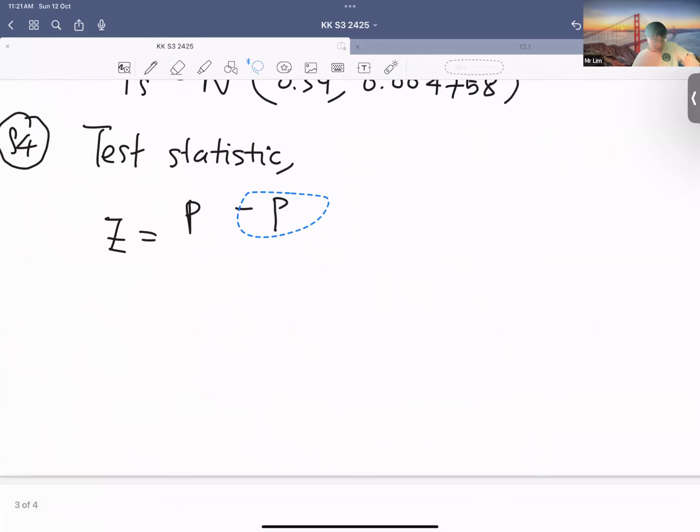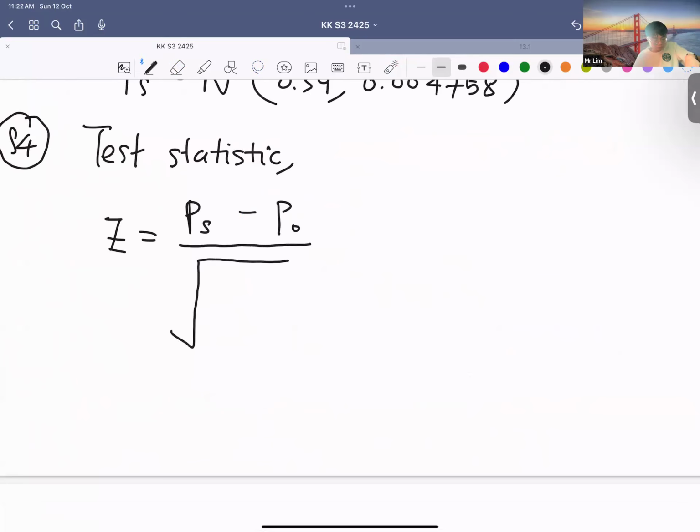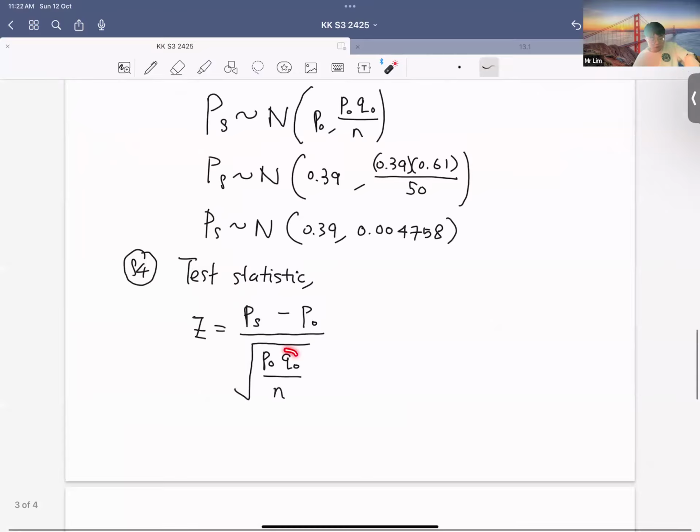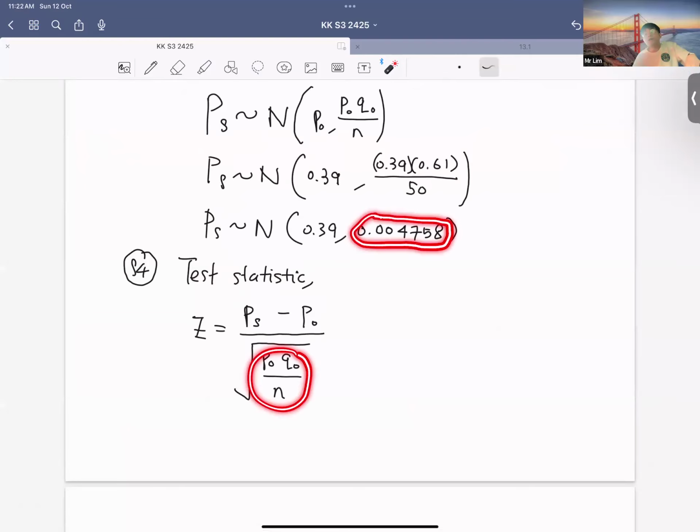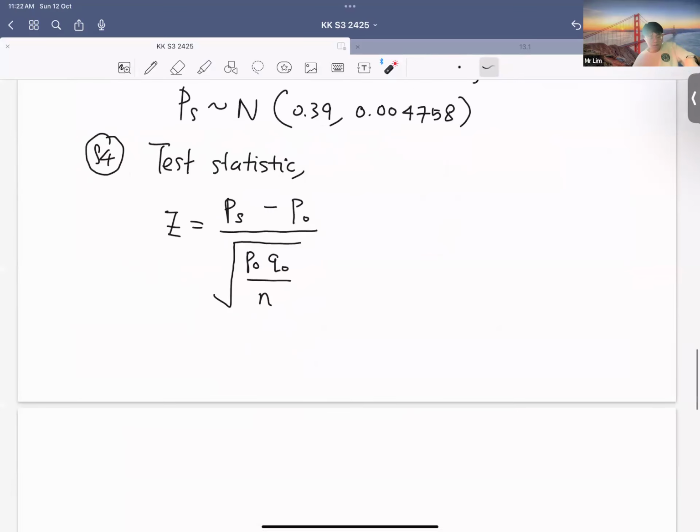You should use your PS minus your P naught divided by the square root of your P naught Q naught divided by N. That's the formula, right? Or you can just say that is the variance of your PS. Both are okay, as long as it is valid.